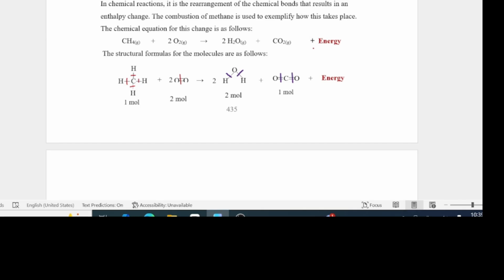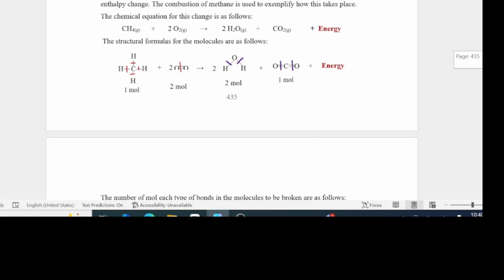We do not know how much energy is produced, but if we know the bond energies of all the bonds associated with the reactants and products, then we can find the difference in bond energy between the reactants and the products, and that will enable us to find the enthalpy change for the reaction.